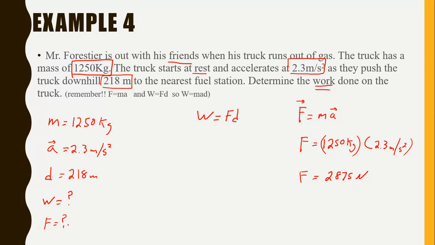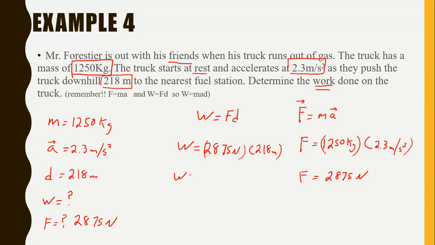We're going to use this in another calculation, so we don't need to round this as of yet. So now all of a sudden I have found the force, 2,875 newtons. And now I can put this into my work formula. The force that was applied to the truck, 2,875 newtons, and the distance that it traveled was 218 meters.